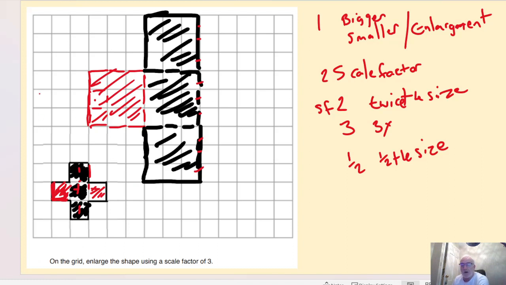Bear in mind I want to make that cross shape, so I know what sort of shape I'm after. I need to make the cross that's coming out from the side of that. So I'm going to come across 3 more squares, down 3 more squares, and there's my final piece to make that cross, 3 times the size of the original one.